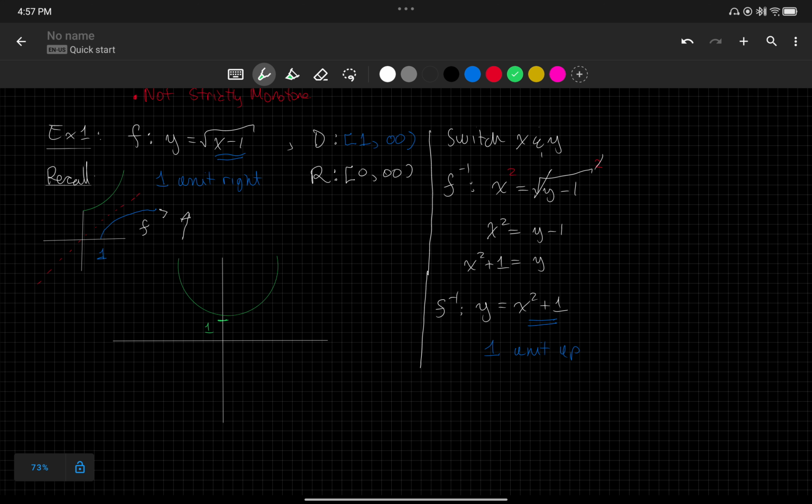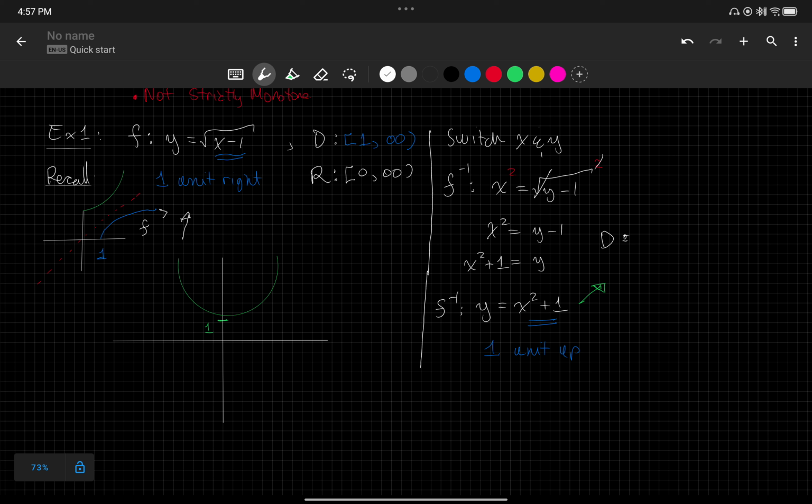Well, why didn't it work? Well, after you switch and solve for y, you're supposed to switch the domain and range. So guess what? We're not done here yet. The next step is to find, for this guy, its domain and range.